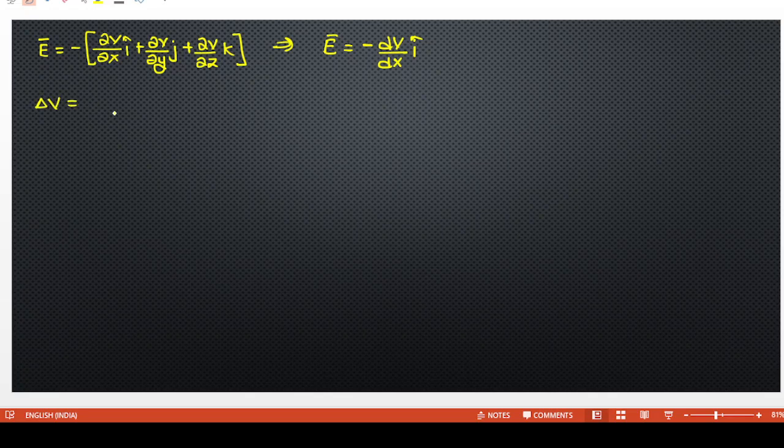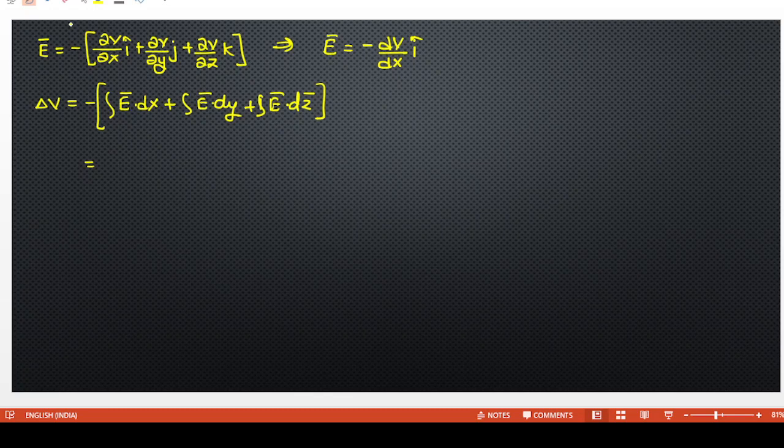So the total potential difference formula is minus, in the bracket, integral of E bar dot dx bar plus integral of E bar dot dy bar plus integral of E bar dot dz bar. We can solve this and ultimately get it.